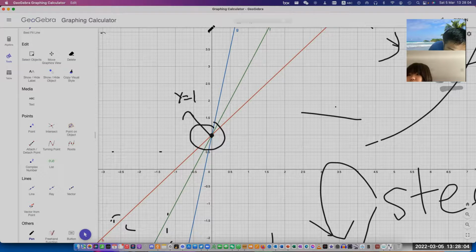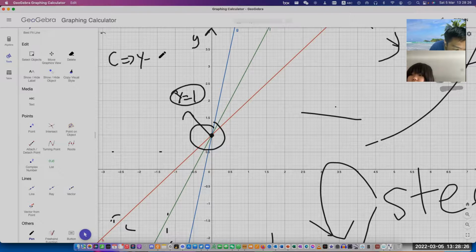And then this is the Y-axis, right? So can you see this blue line will cut the Y-axis at Y equals 1. This green line will also cut the Y-axis at Y equals 1. This red line will also cut the Y-axis at Y equals 1. So that's why the C is called the y-intercept.